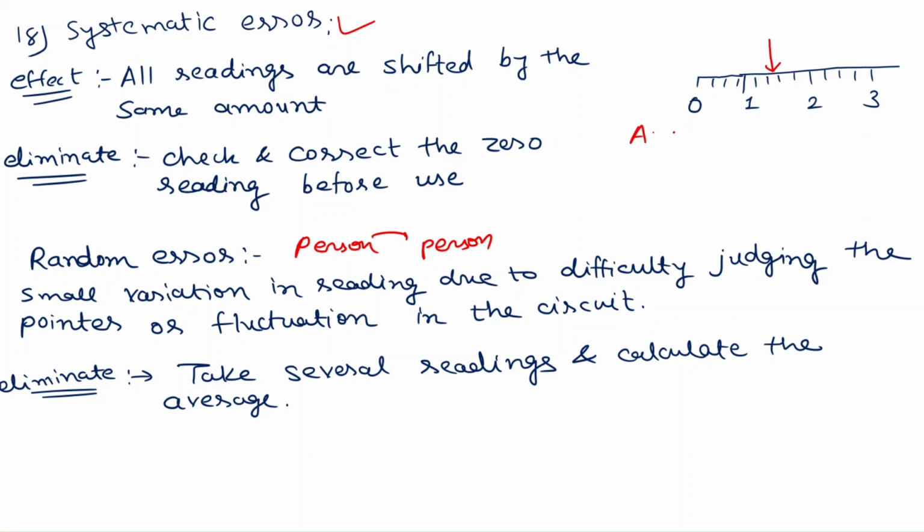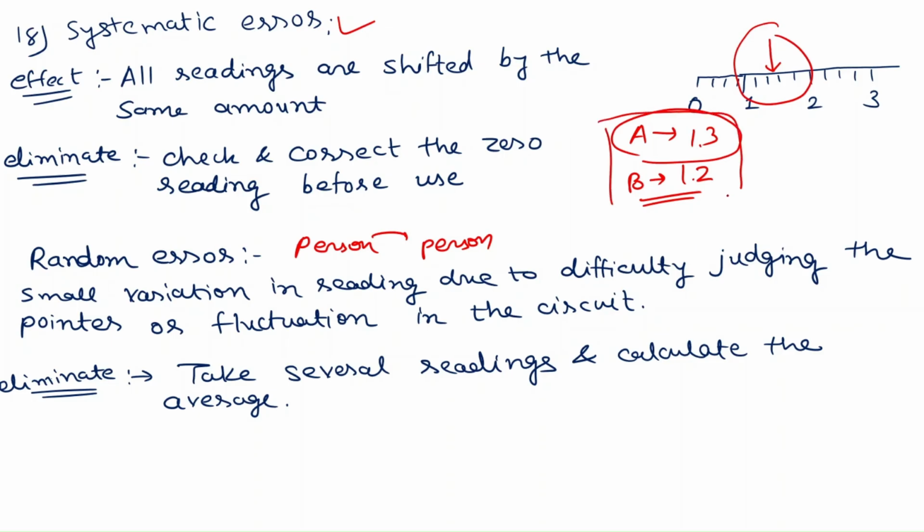Student A says it is 1.3. At the same time, student B says, no, it's 1.2. But there's a difference between these two students. They take different readings and they will get different results.